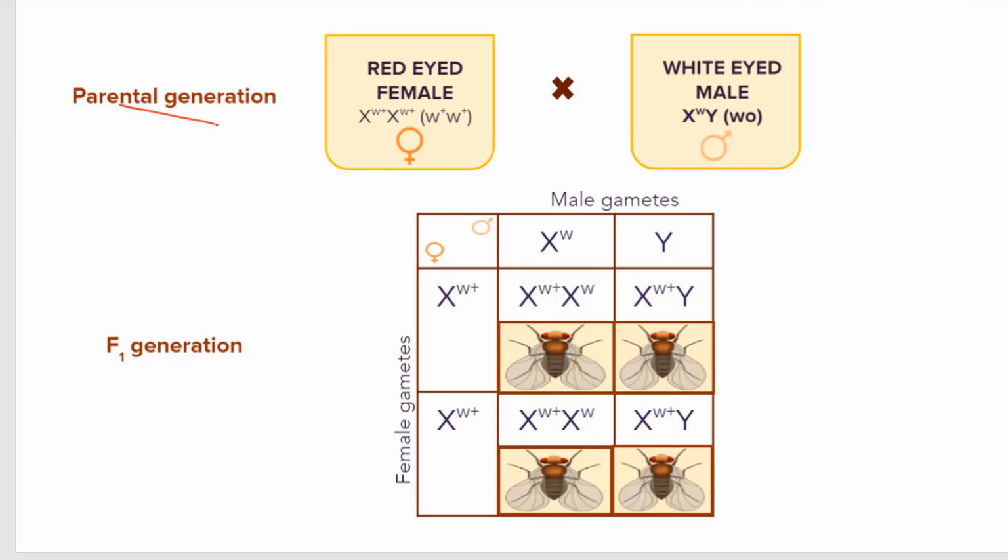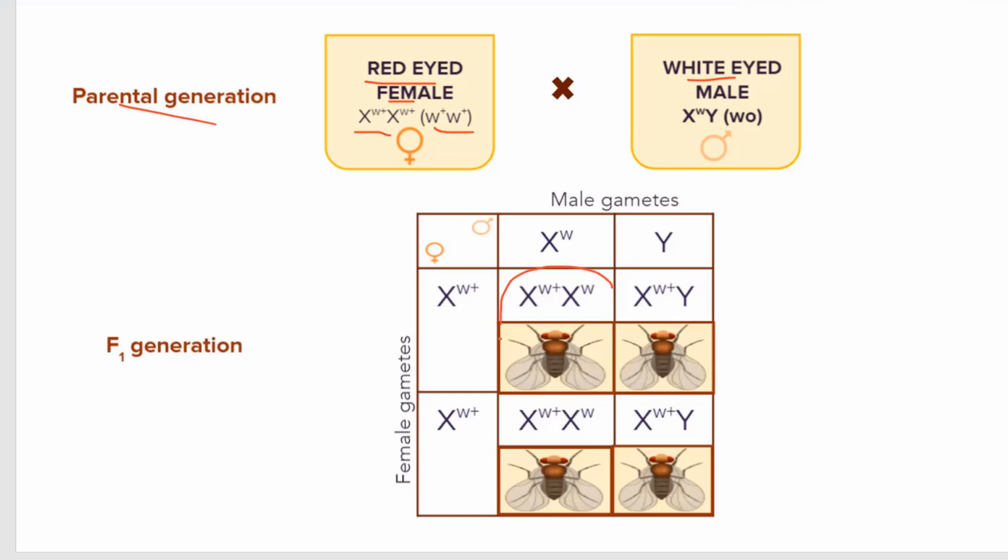The parental generation is crossing a red-eyed female, where both X chromosomes have the red gene, and a white-eyed male, so it will be X^w Y. They are mating them, and what they get is the female gametes X^w+ and the male gametes X^w and Y. So what they get here is X^w+ X^w, X^w+ X^w.